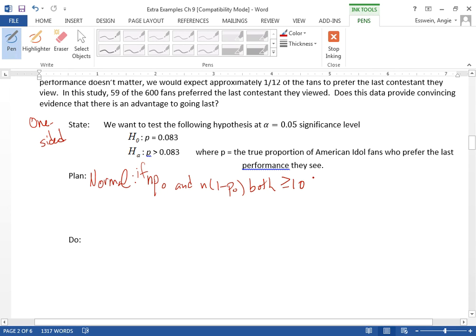You can't just state that, you have to actually show the numbers. 600 times 1/12 is 50, those are successes, and failures is 600 times 11/12, the complement, what's left over, is 550. They're both greater than 10, so that's met, and we'll just talk about the random and independent without writing it because we've done it so many times.